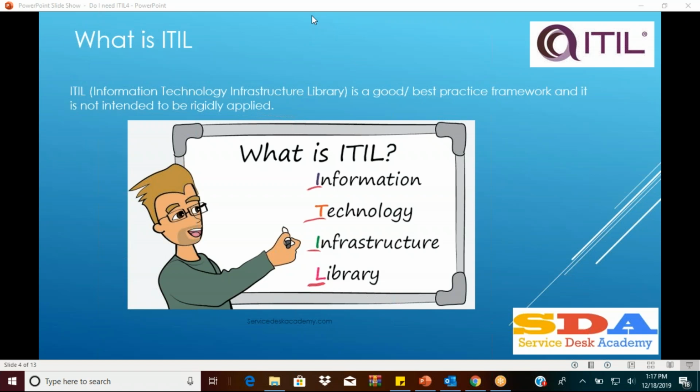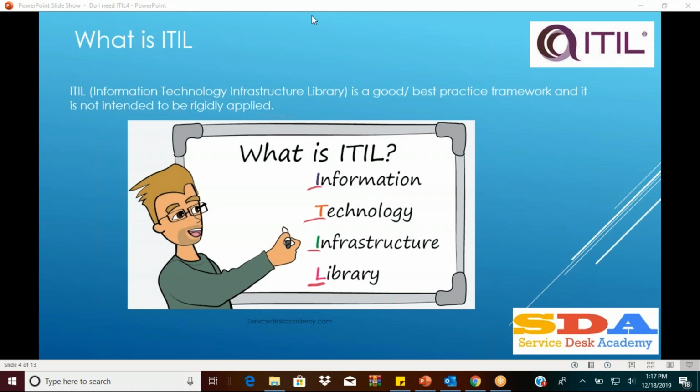Fine. So what is IT service management now? In simple words, I can say IT service management is managing your IT services. If we have to go by definition, it is a set of specialized capabilities in order to enable value to your customers in the form of IT services.